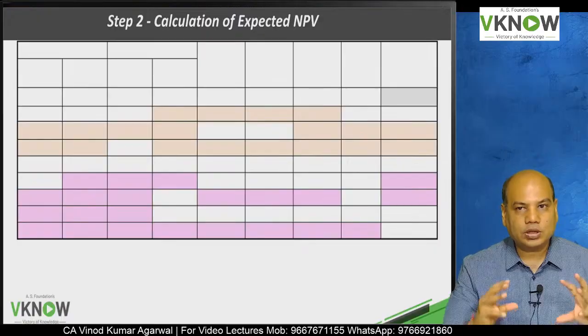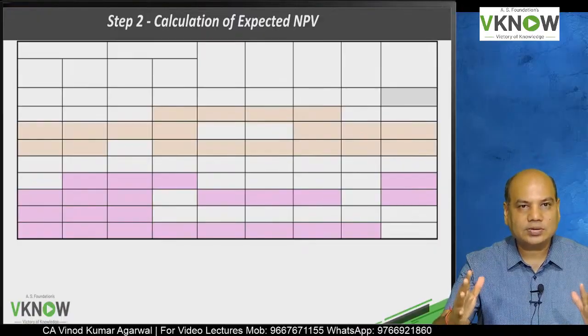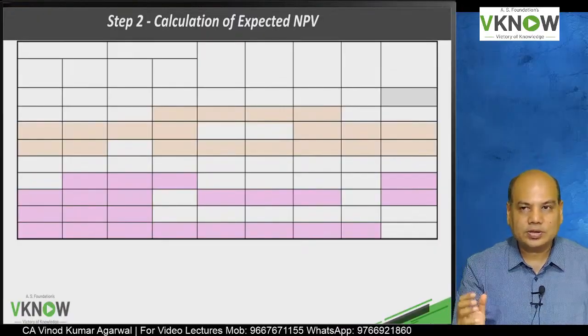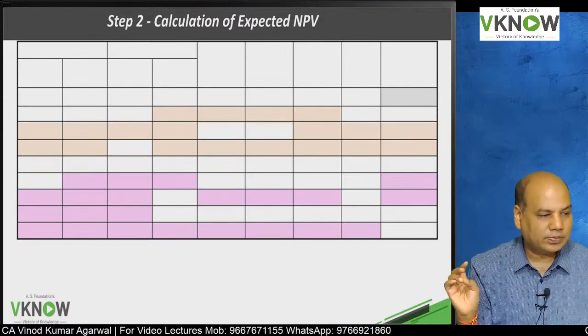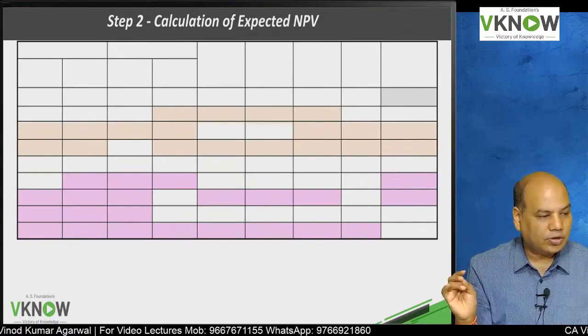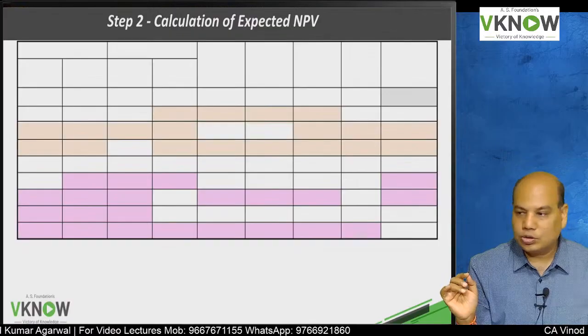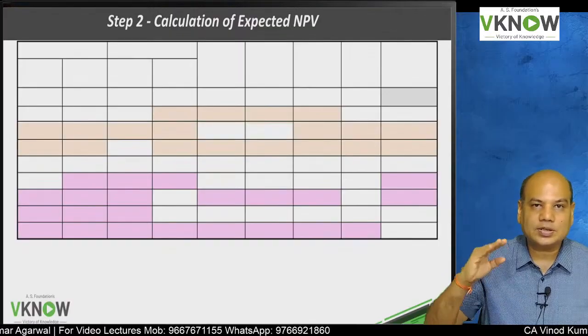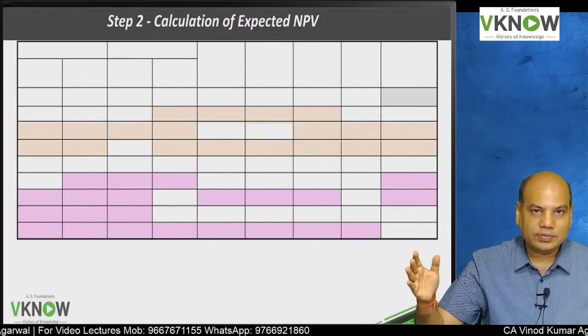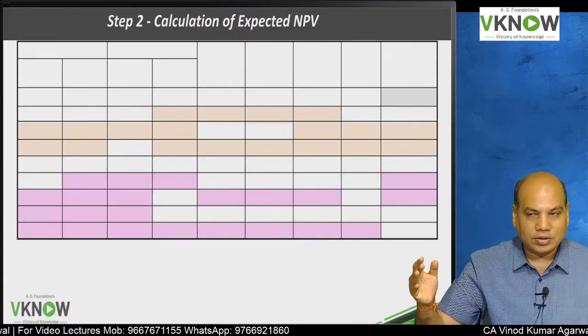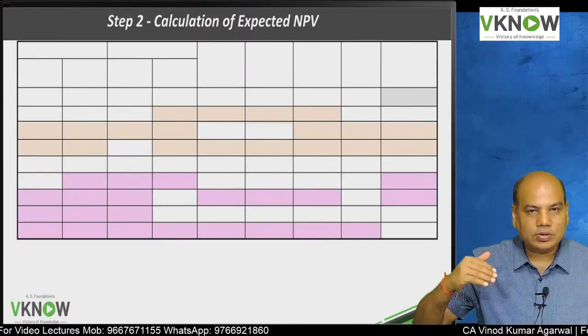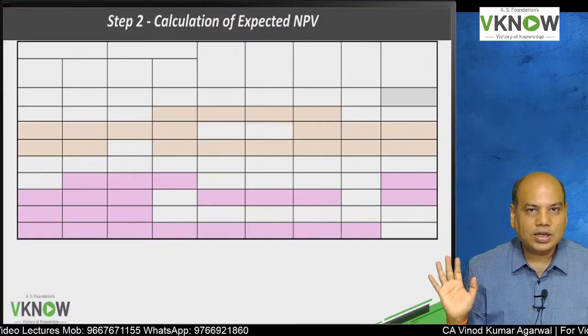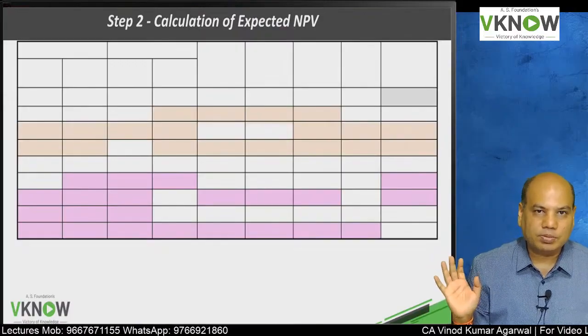I have total 6 paths, 6 combinations, 6 possible NPVs. So there are different ways you can solve it. One is you can solve by preparing 6 different tables. Second, in one table only we'll get all the 6 answers and then multiply by probability.